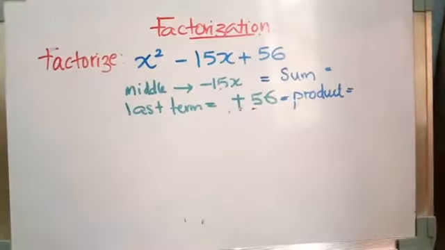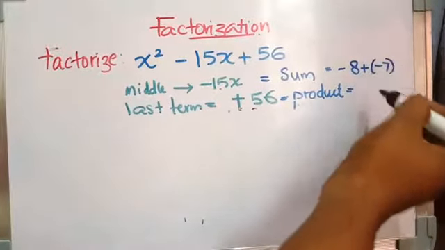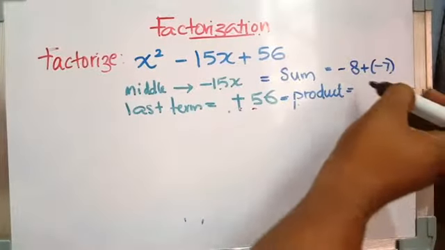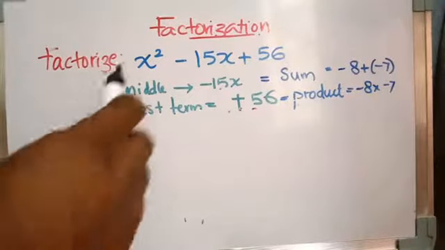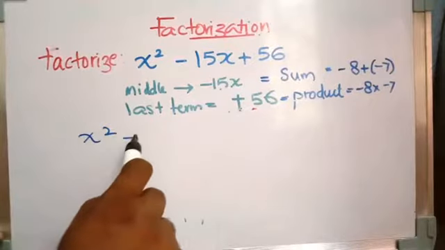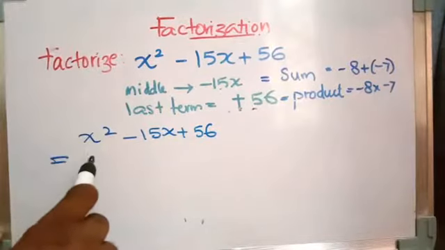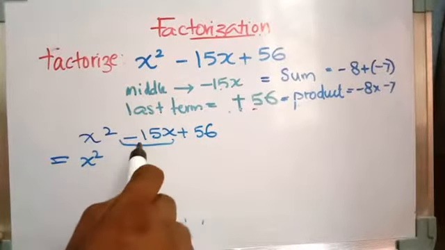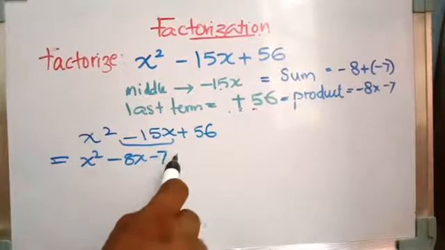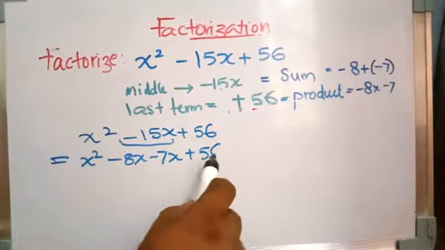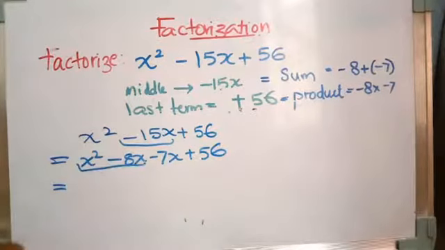So our numbers are 8 and 7. We can write the sum as minus 8 plus minus 7, or minus 8 minus 7 directly, and the product is minus 8 into minus 7. So our question x squared minus 15x plus 56 becomes x squared, splitting the middle term minus 15x as minus 8x minus 7x, plus 56. x is common.